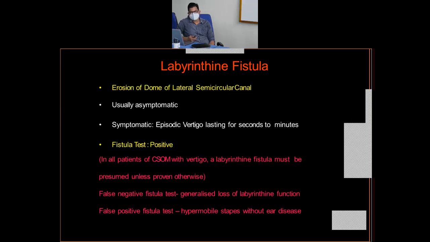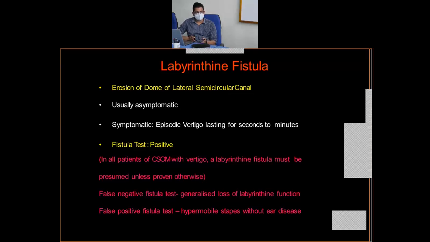Sometimes we see false negative cases also, where the patient has a fistula, but when you press the tragus there is no nystagmus. Why? Because there is total loss of labyrinthine function. Though you are pressing the tragus and the fistula is there, the patient is not having nystagmus because the labyrinth is already dead.